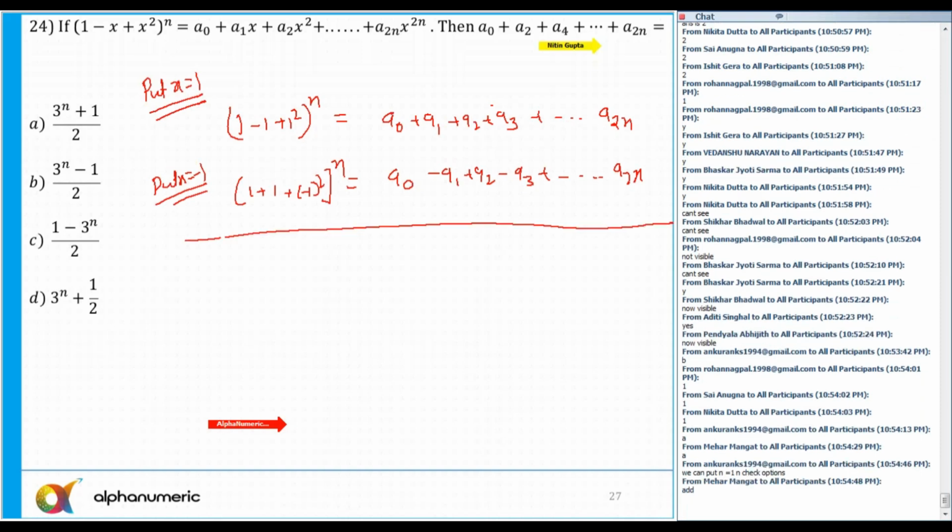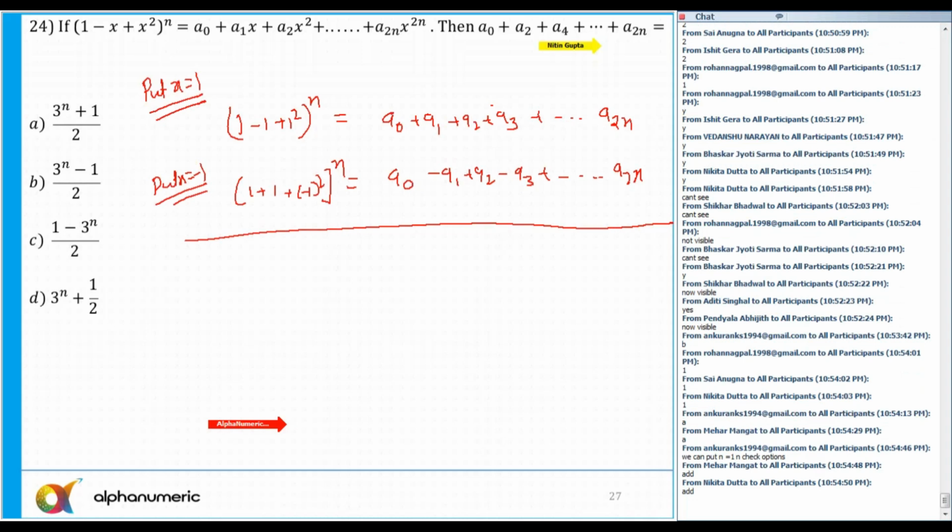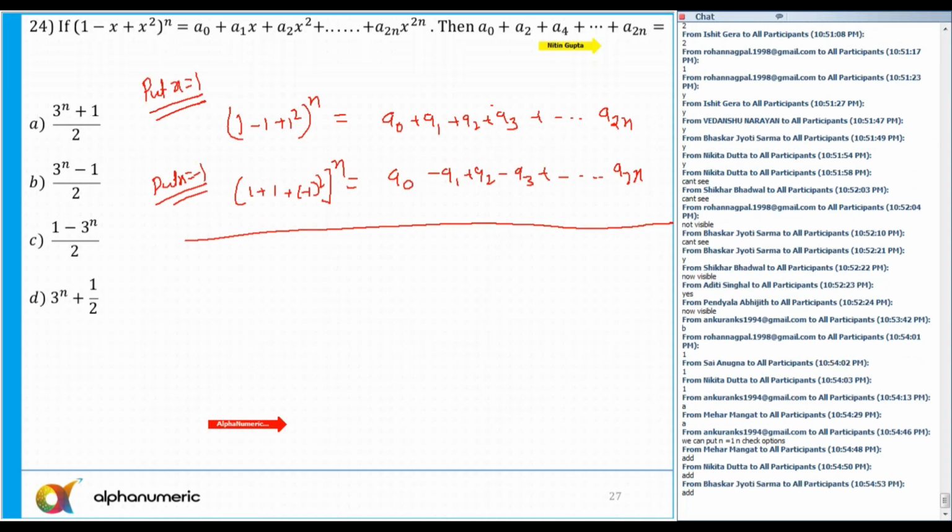Just add. So if I add, 1 plus 3 raised to power n will be equal to twice of a0 plus a2 plus a4 and so on till a2n. So my answer is 1 plus 3 raised to power n, divided by 2. So this is the answer.